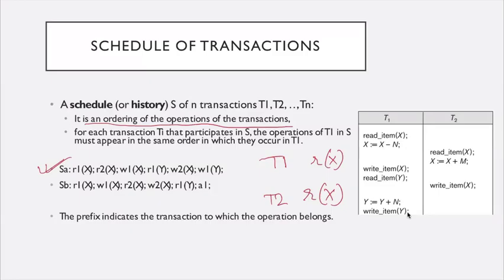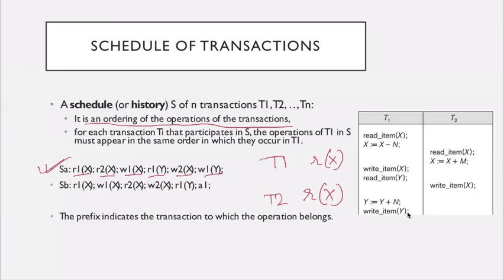So I can have a schedule written like this: R1(X), then transaction T2 read X, followed by transaction T1 write X, followed by transaction T1 read Y, then transaction T2 write X, and transaction T1 write Y.